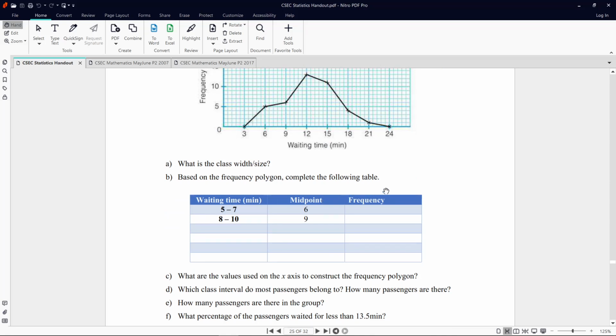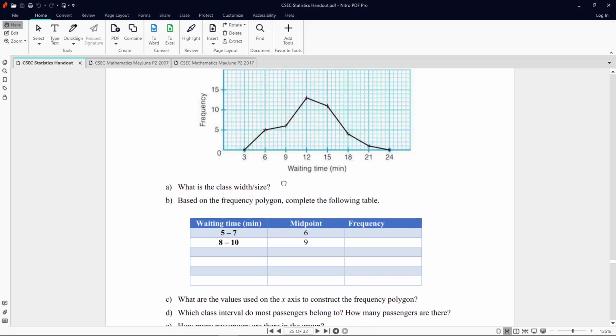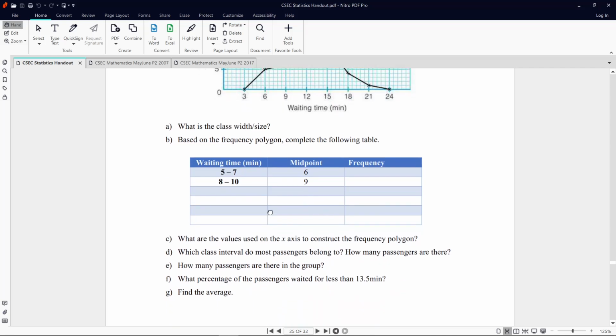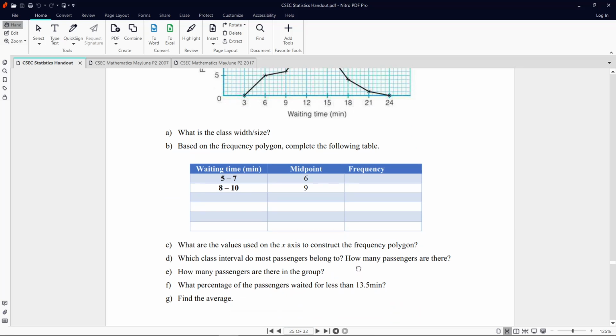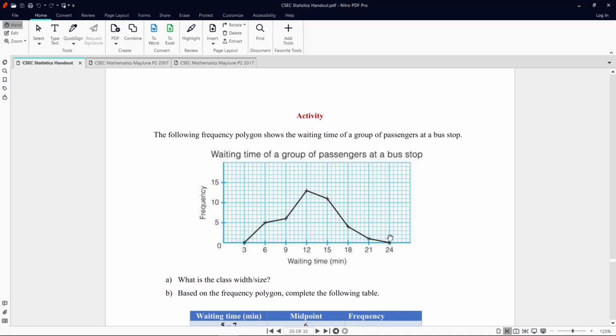Based on the frequency polygon, complete the table. What are the values on the x-axis to construct the frequency polygon? How many passengers were in the group? All right, let's tackle this activity.